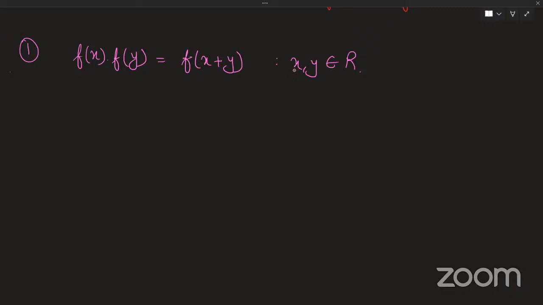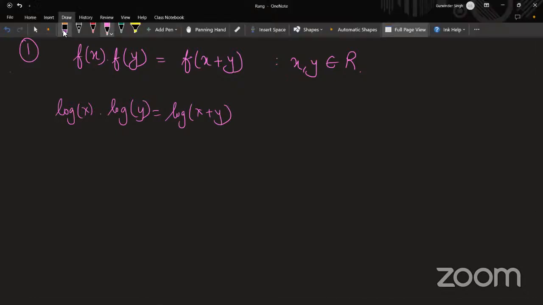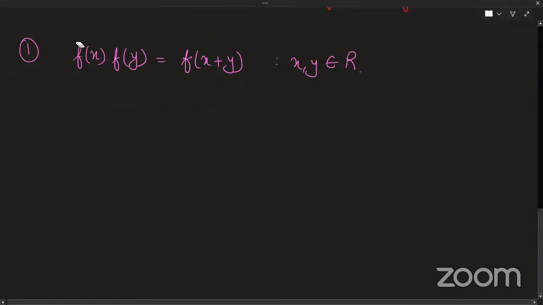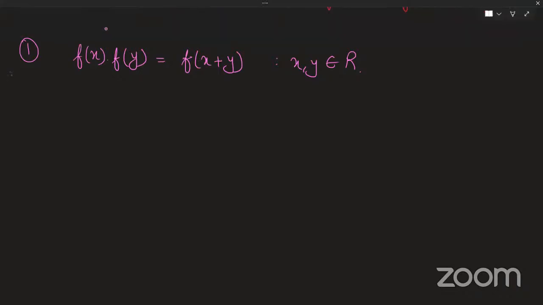So basically you are trying to say log of x multiplied by log of y is equal to log of x plus y. Are you sure? No. Just think of the inverse of log. What is the inverse of log?